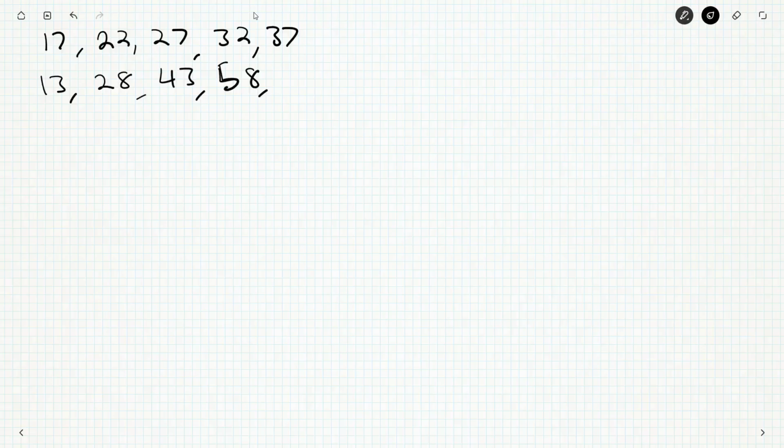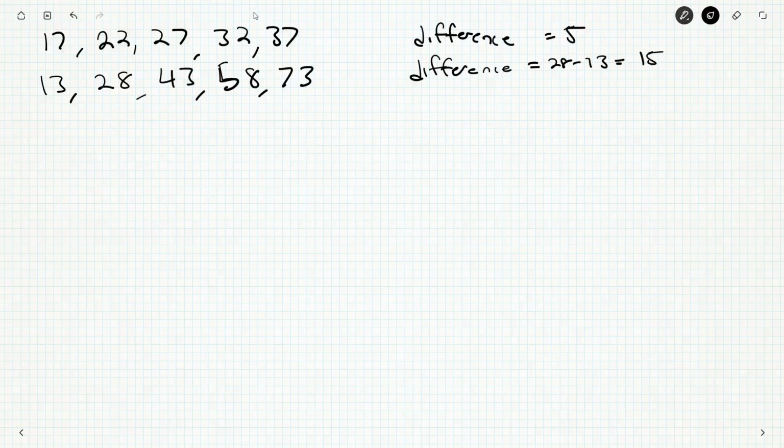What would be the next one? 68 plus 5, 73. Okay. The simpler observation is our difference up here is 5. We've already noted that. And the difference here is not that hard to see. It's 28 minus 13, which is 15.